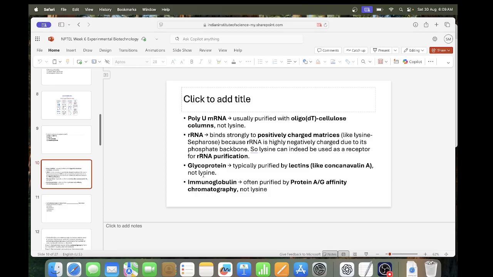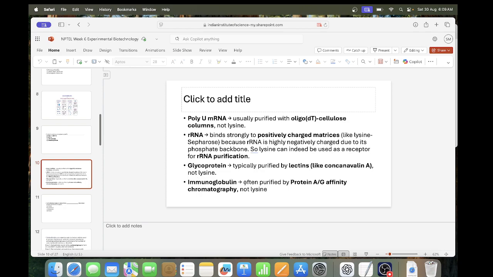Glycoproteins are purified by lectins. Lectins are nothing but plant proteins that can bind to your sugar molecules. Since glycoproteins have these sugar molecules attached, that is one way of selecting them.